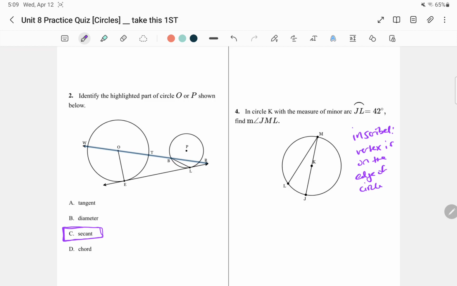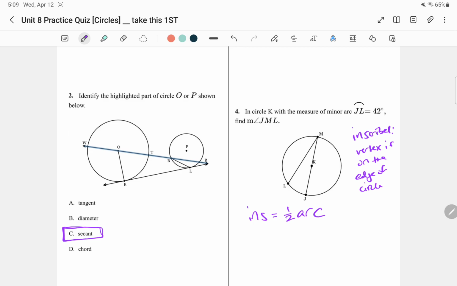So see how this one is inscribed because the vertex is right here along the, when I say outside, I mean the circumference, the edge. You get what I'm saying. So since it's inscribed, we're going to use inscribed is equal to half the arc.